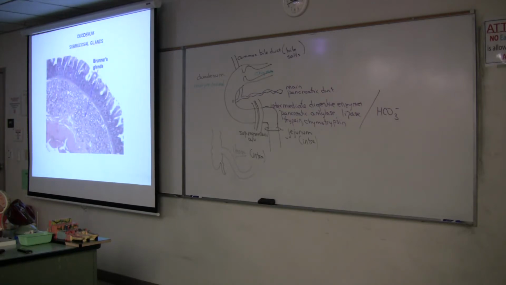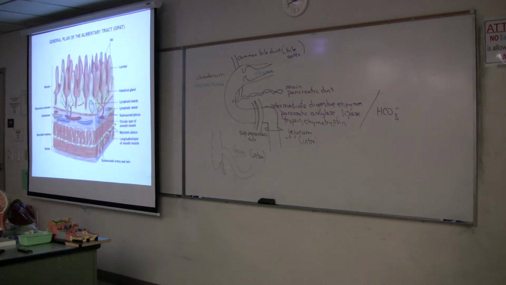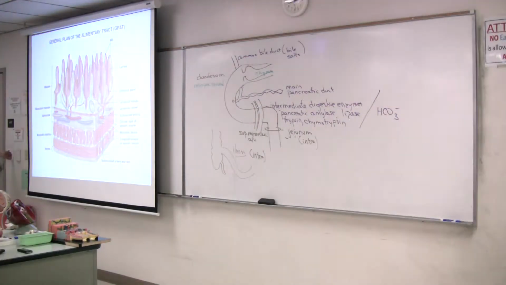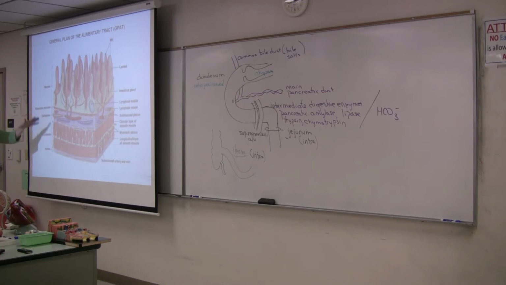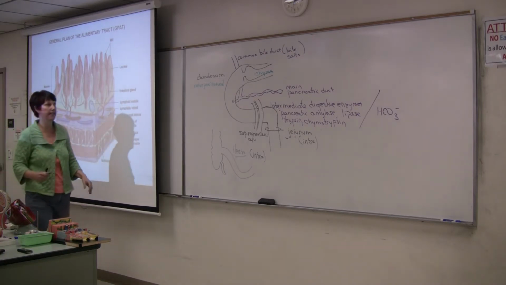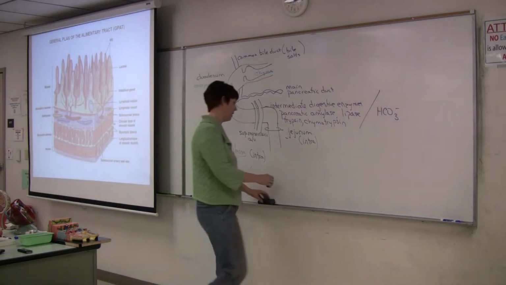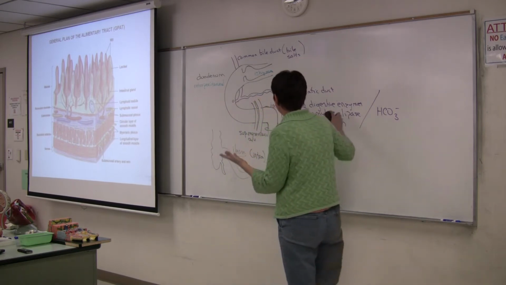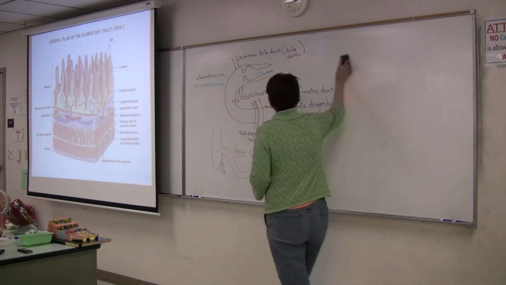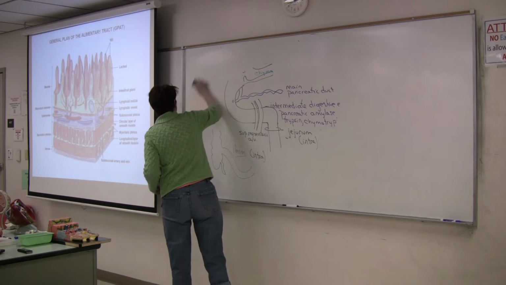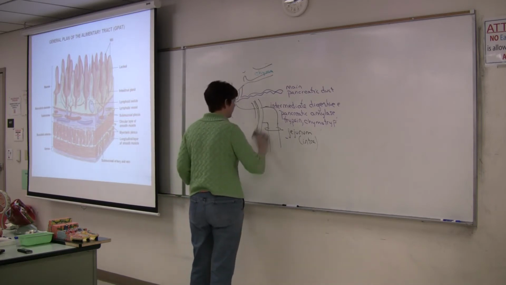All right, so let's look at the histology now for the small intestine. And remember, this is what the model is based on, the small intestine, because it forms the greatest length of our digestive tract.